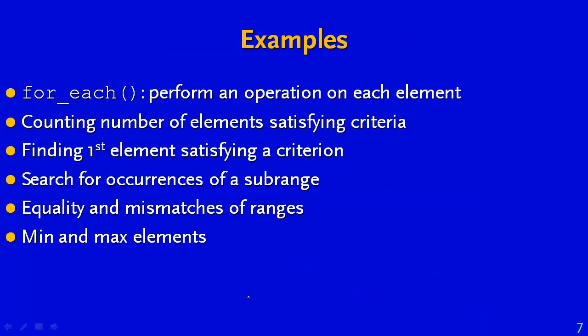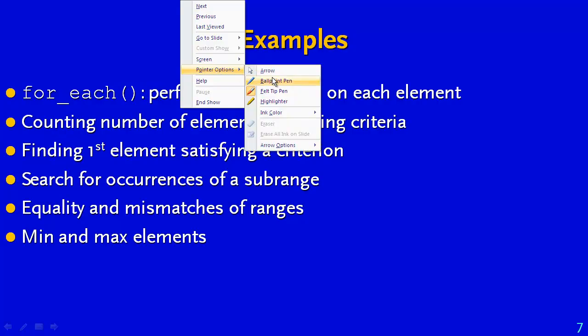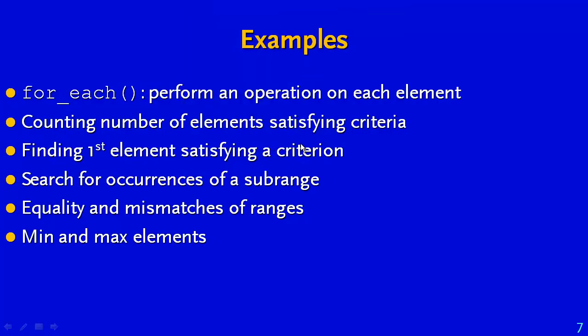Now, what are the specific non-modifying algorithms in this category? For each is the for each function. Perform an operation on each element of your container. So it iterates over the elements of a container and does something on each element. Counting the number of elements satisfying certain criteria. These are customizable as well.